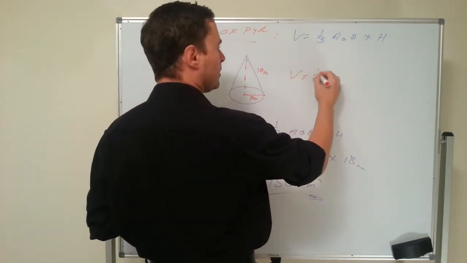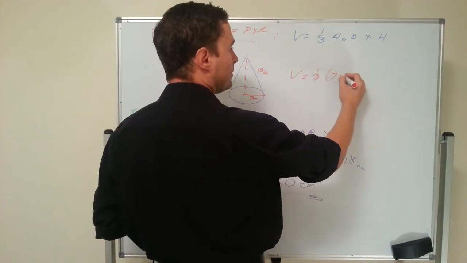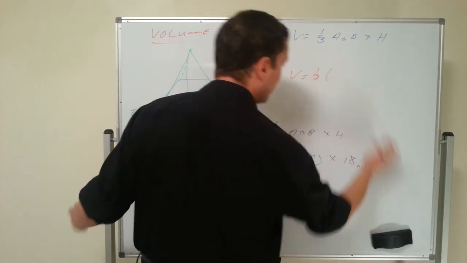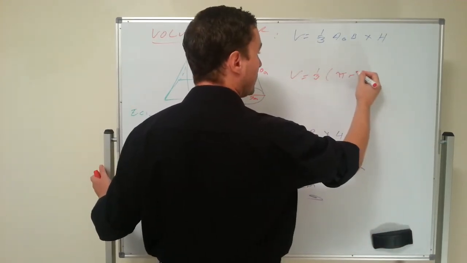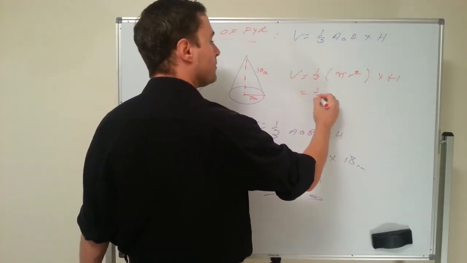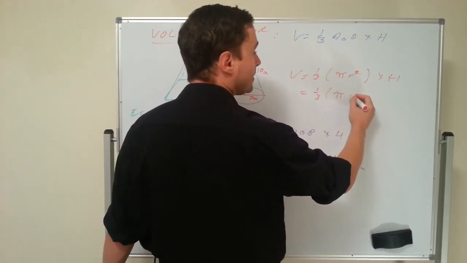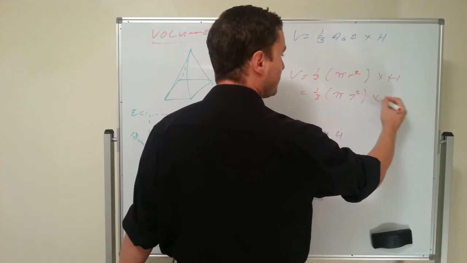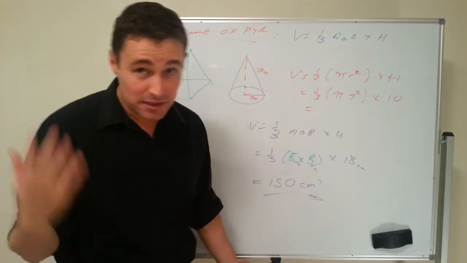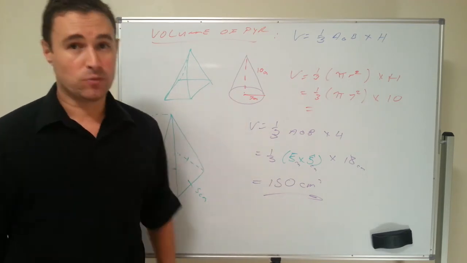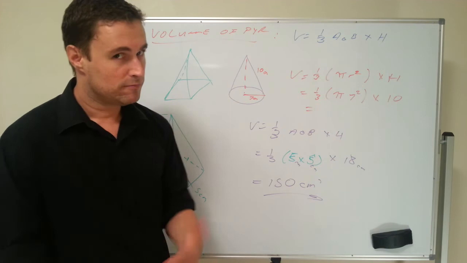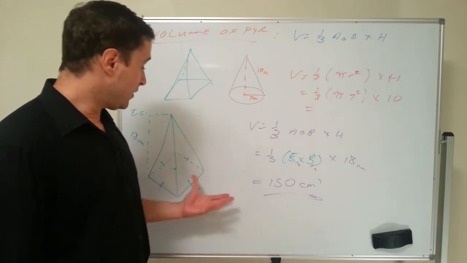My volume equals 1/3 times the circular base, pi r squared, times the height, which is 1/3 of pi times 7 squared times 10. Done. Press equals in your calculator and work it out. Simple as that. I don't care what the shape of your base is. 1/3 area of base times height. Finished. That's volume of pyramids.